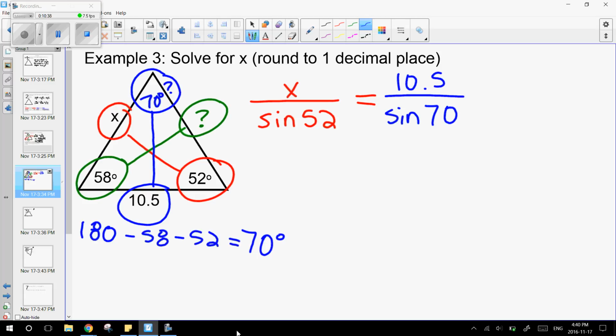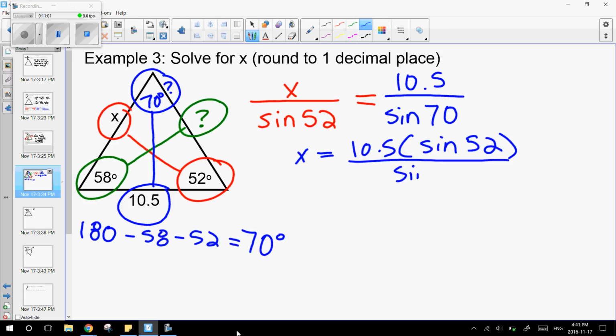Again, because we're always putting our unknown variable in our top left-hand corner, all we need to do is take this bottom here underneath the x and multiply it by the top of our equation on the other side. So x equals 10.5 multiplied by our sine 52, all divided by the sine 70.